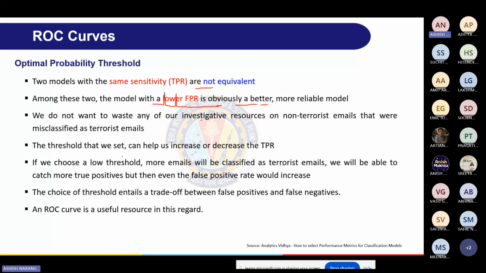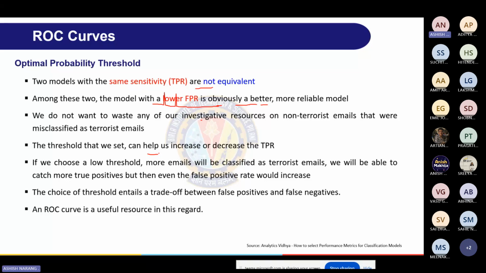So the threshold that we set can help us increase or decrease the TPR. If we choose a very low threshold, more emails will be classified as terrorist emails, right? And we will be able to catch more true positives. But at the same time, we will increase the false positive rate also, right?